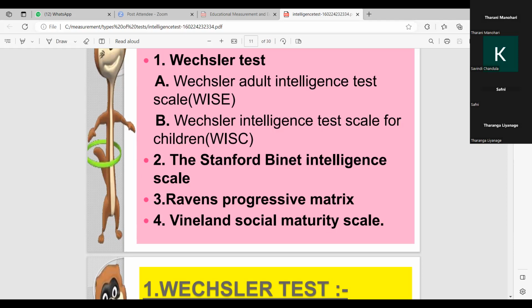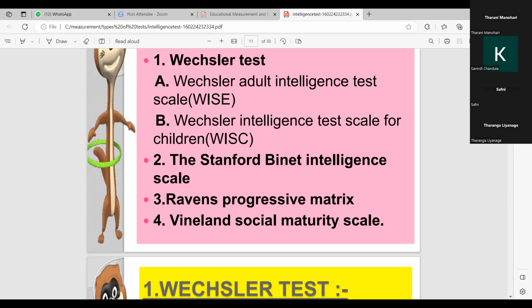For children, Wechsler had a series of tests: beginning with small ages, then a test for each 6 months, then a test conducted annually, and finally 3 tests for the adults. This whole test series is called Wechsler's Battery.